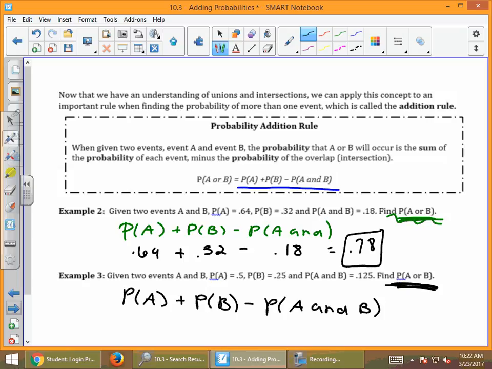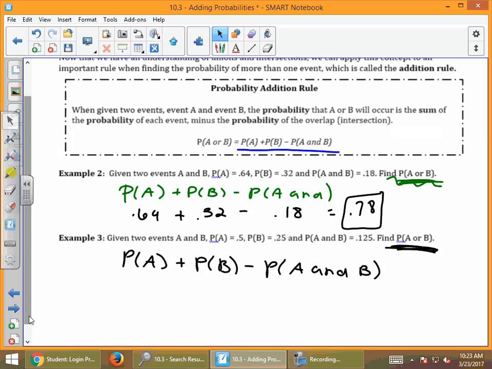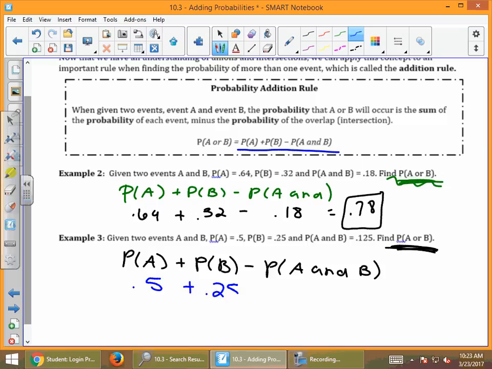All right, well, what's the probability of A? What's the probability of B? Minus what's the probability of both? Go ahead and subtract.